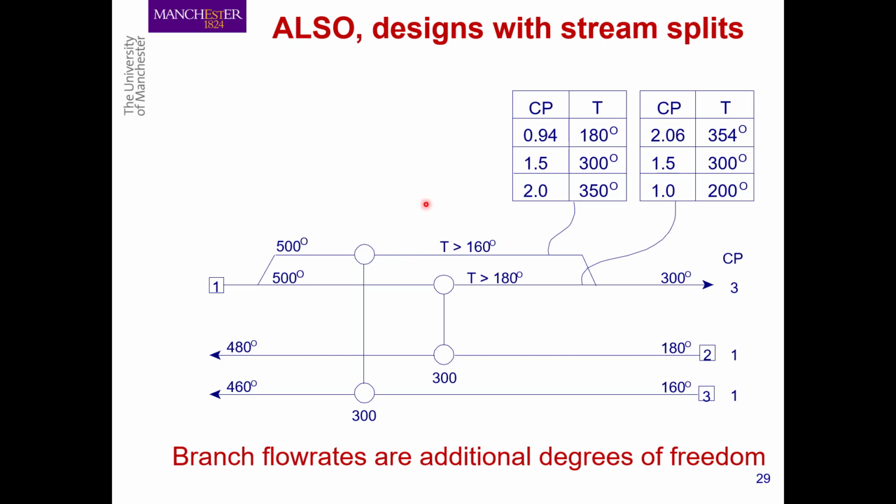We can also use the concept of stream split that you discussed in heat exchanger networks, where we again try to divide the load of the stream, and then again change the temperatures available, and as such we can actually change the area of the heat exchanger required for a particular heat transfer.